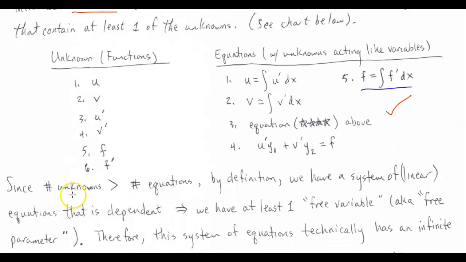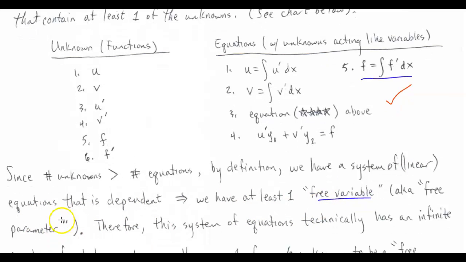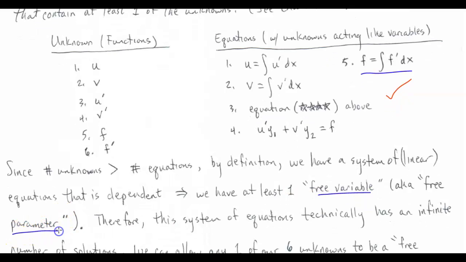Since we have more unknowns than equations, then by definition, this is a system of linear equations that is dependent, which means that we have a free variable, okay? Or in more proper terms, a free parameter, okay? Because if your unknown is something that you allow to be anything, then the nature of your problem is going to change based upon what you vary it to be.